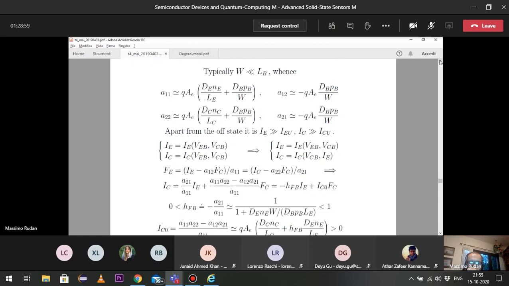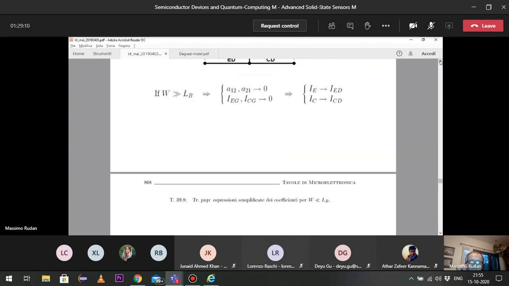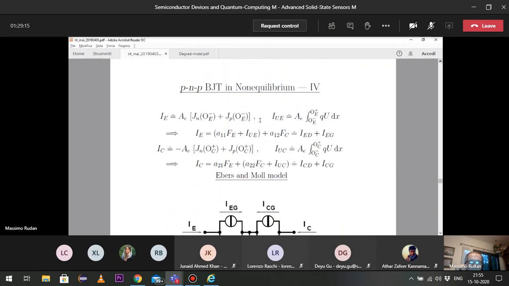So if these 2 currents are large, those associated with the exponentials, then we can neglect the recombination currents. So we consider the functioning regimes in which IUE here and IUC here are negligible. Okay? So we don't consider them anymore.